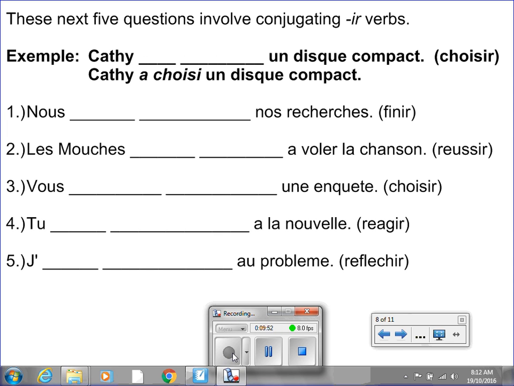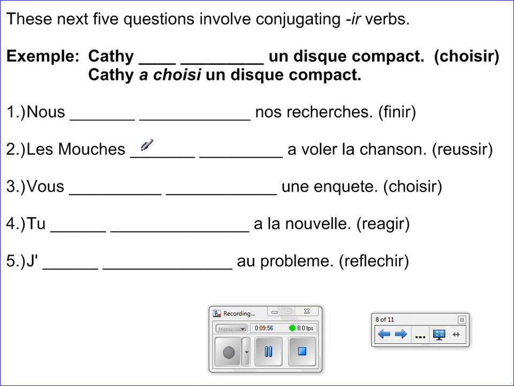So les mouches means ils. So I conjugate avoir. Les mouches ont. So that's the conjugation of avoir. Now, look at my verb, réussir, which means to succeed.